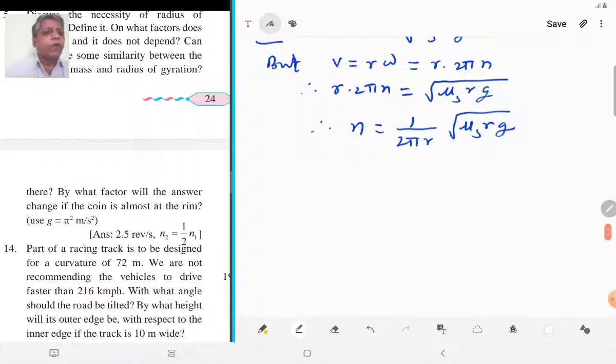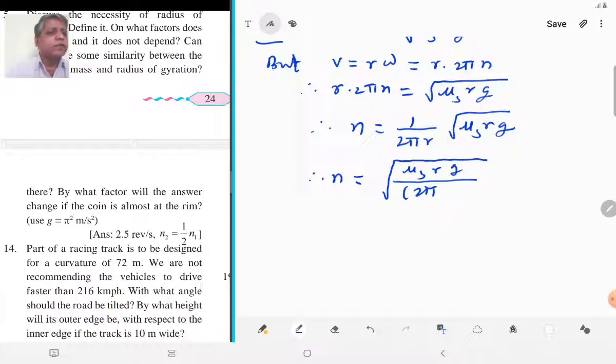And therefore, n is equal to square root of mu s Rg upon twice pi R bracket square. So here twice pi R is outside the square root, so it comes inside the square root, and here we write square.